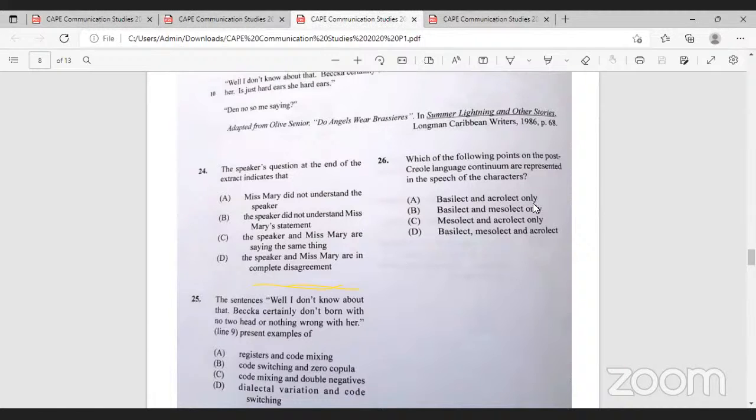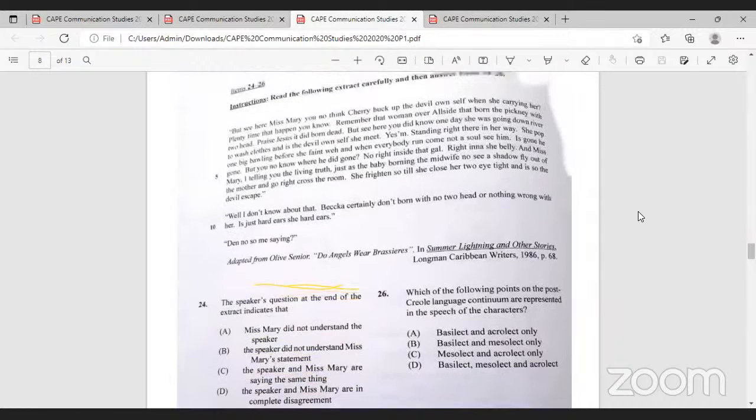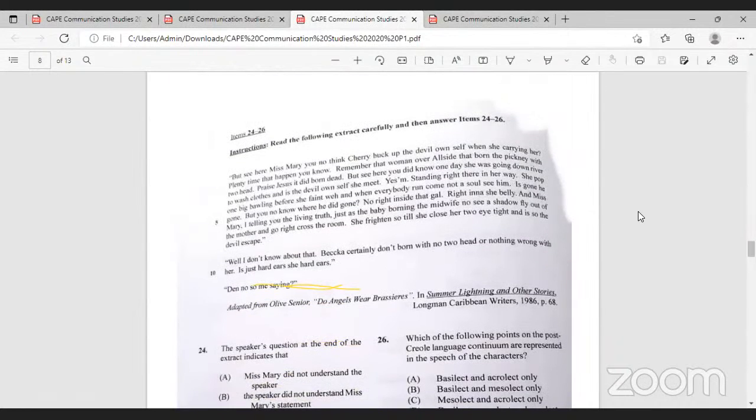26, which of the following points on the post-Creole language continuum are represented in the speech of the characters? Basilect and acrolect only, basilect and mesolect and acrolect, or all three of them? Anybody?